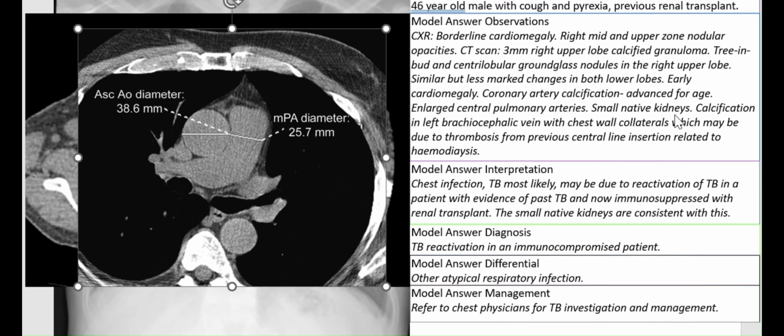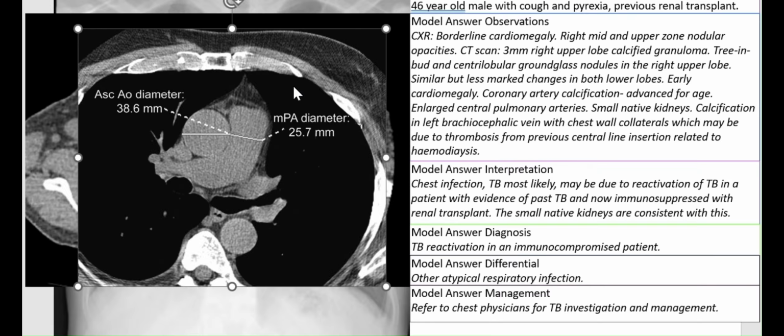Next finding is enlarged central pulmonary arteries. This is the normal. The main pulmonary artery diameter normally is less than the ascending aorta diameter.